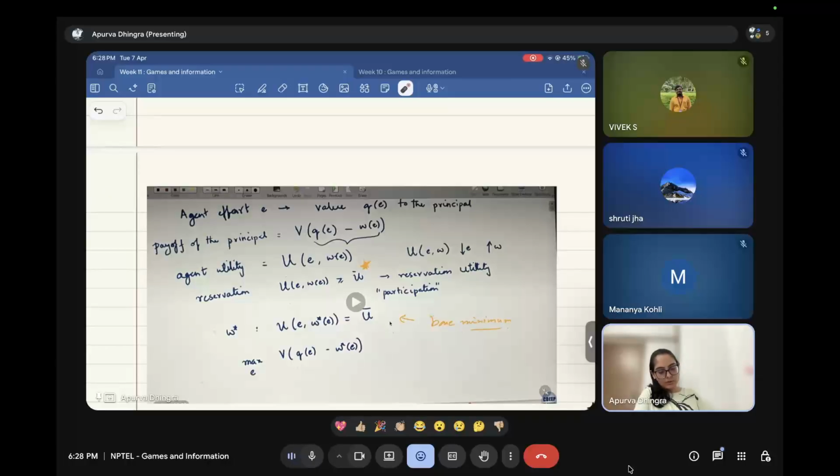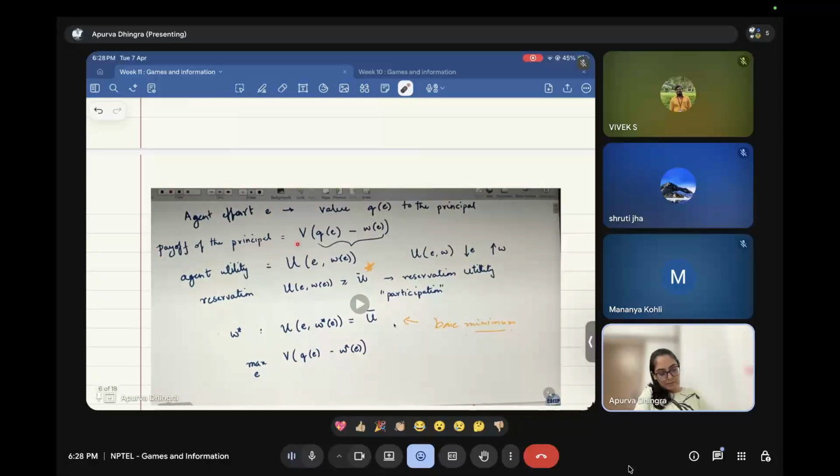So in that case, the payoff that the principal receives is some function of the value of this agent's effort minus whatever cost was incurred by employing this agent. So the principal would want to make sure whatever value he is getting is ultimately maximized. Right? This much we can see at this stage also.